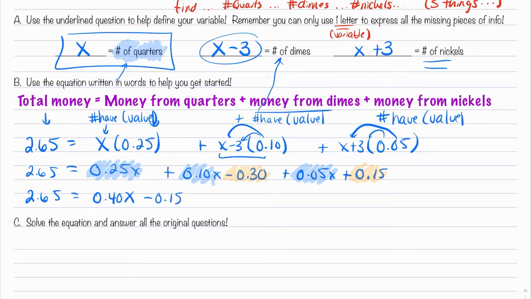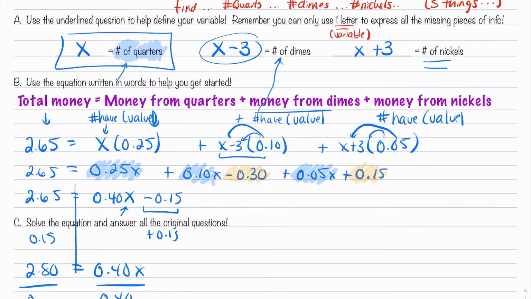So now we're going to isolate our variable. We'll undo the subtraction by adding to both sides. So $2.65 plus 15 cents is equal to $2.80, and over here we have 0.40x. So we undo multiplying by 0.40 by dividing by 0.40, and we get that x is 7.